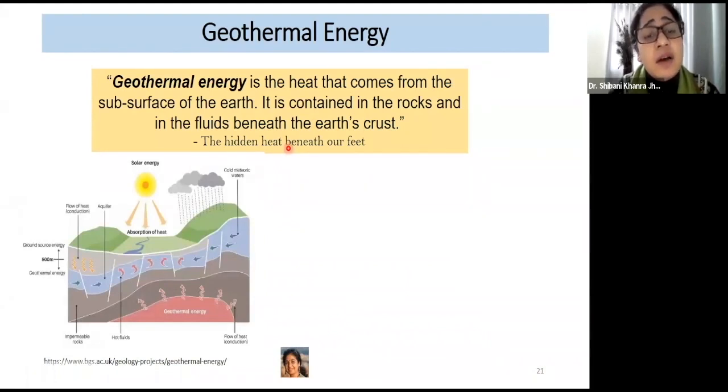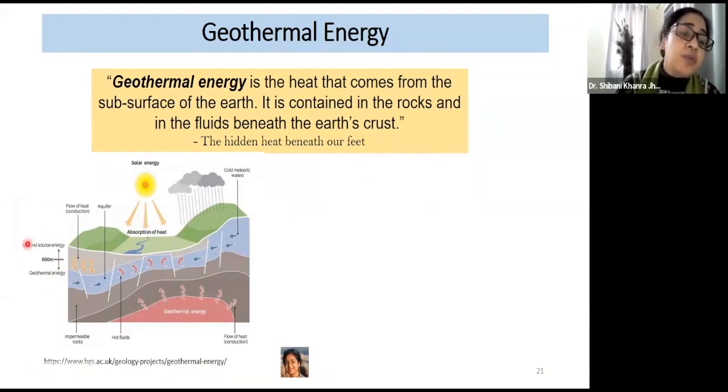It is renewable in the sense that the crustal heat continuously replenishes the geothermal energy zone by heating that zone in a continuous flow. As you can see here, this is the subsurface portion. Geothermal energy lies at much deeper depth, getting heated from the crustal heat.